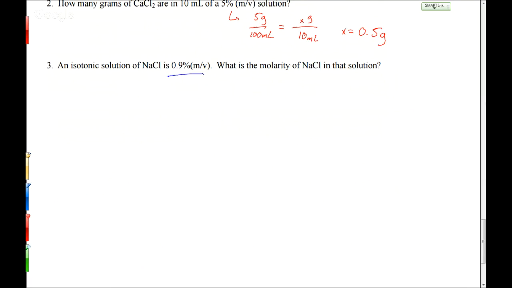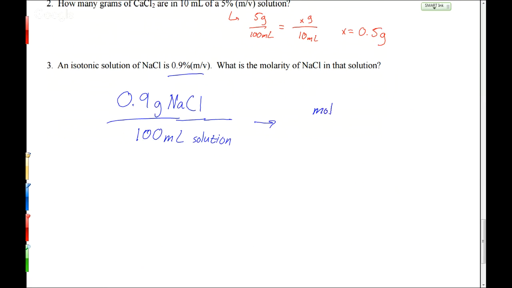So if there's 5 grams per 100 milliliters, we can say how many grams are in 10 milliliters. You end up getting 50 divided by 100, which is 0.5. Makes sense. If there's 5 grams per 100 milliliters, 5% of 10 is 0.5. That's another way to think of that. So that's how you deal with mass by volume percent. Again, that won't be on the exam.